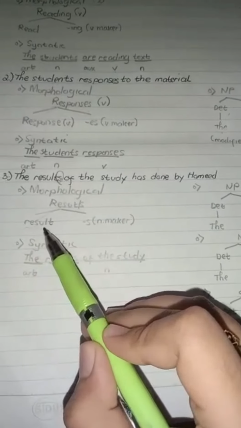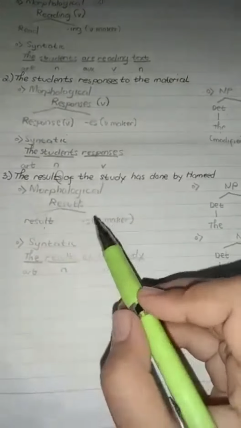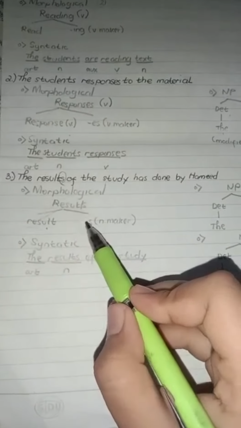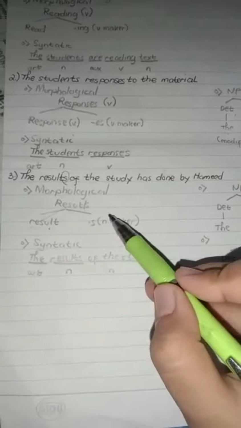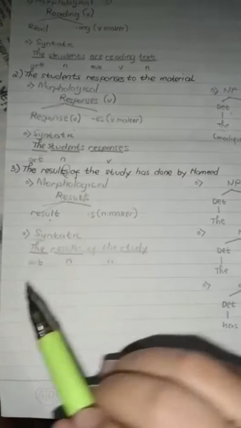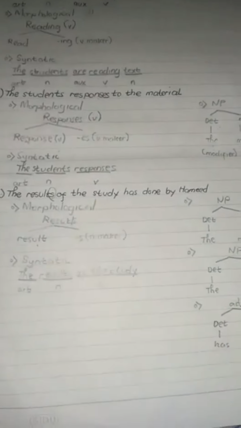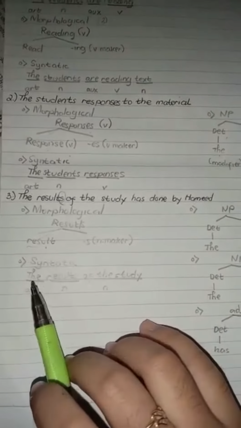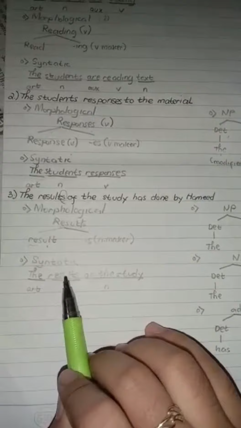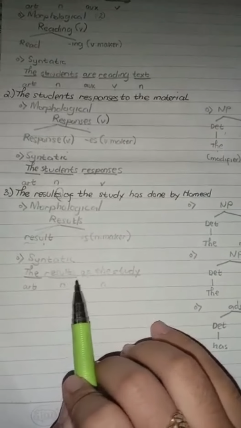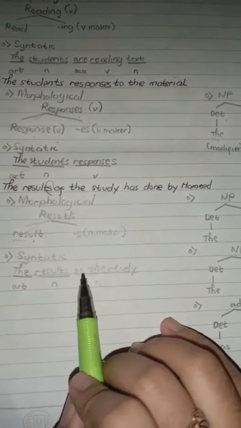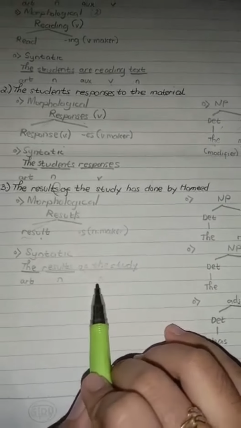The first is result, and the second is suffix s. Suffix s is called a noun maker. And then next is syntactic frame. The is article, result is noun, of the study is noun.